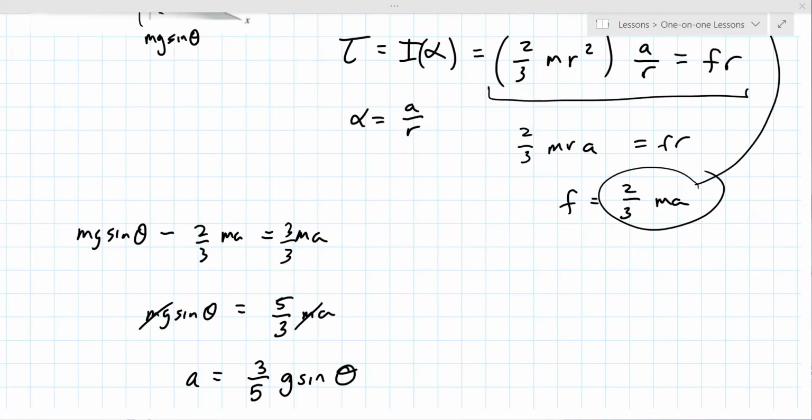Oh man, let's see here. 3/5 g sine theta. Let's see what else. A lot of these just have the answers, which didn't seem very helpful. This one was 0.5 g sine theta. Maybe I used the wrong formula for I. That's the only place that could have created a problem. The ones I'm seeing now are 1/2 g sine theta.